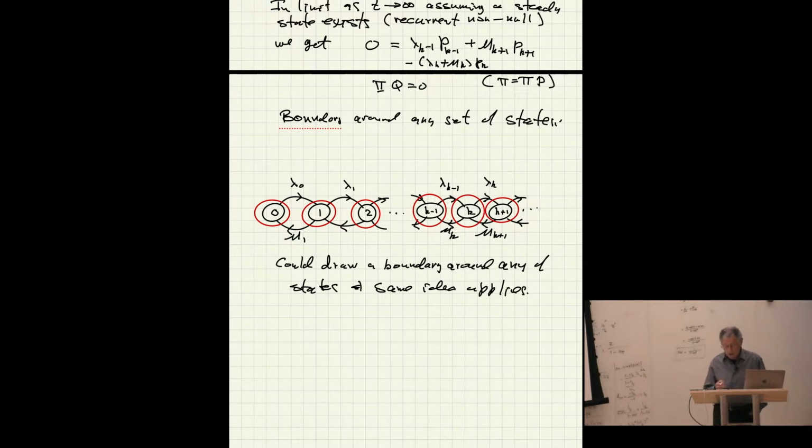The one I chose for the example we used was to draw a boundary around individual states. But in some other color, let's say blue, I could have started with state 0. That's one of them. And the next one I could have done was to include 0 and 1 together. And after that, 0, 1, and 2 together. And on up.